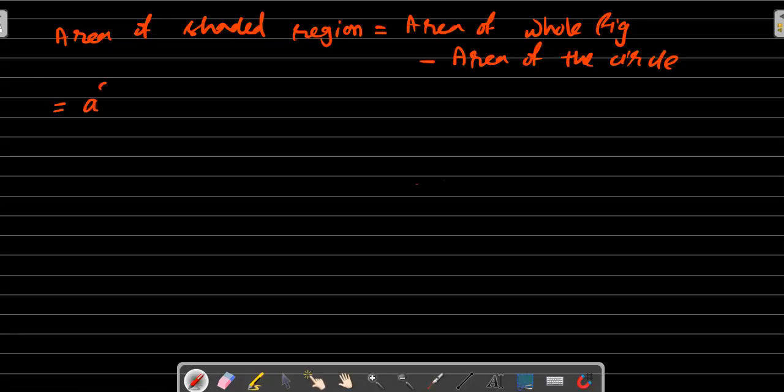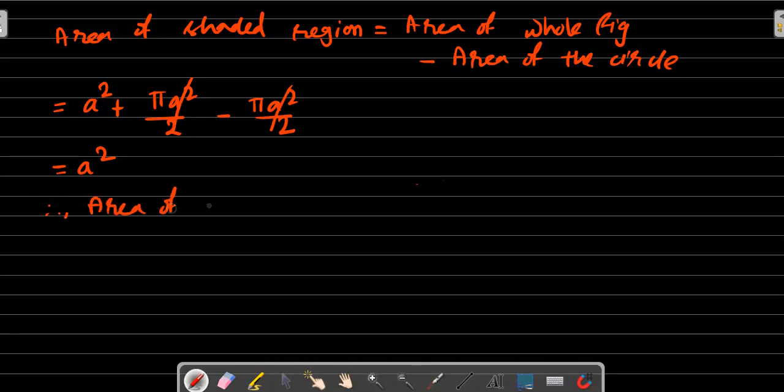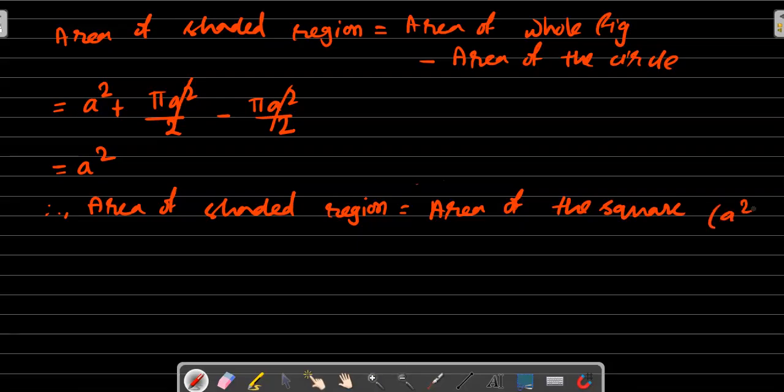Area of the whole figure was A square plus pi A square by 2, and area of the circle is equal to pi A square by 2. Therefore, these two get cancelled out and we get A square. Therefore, area of the shaded region is equal to area of the square. That is A square. This is the answer.